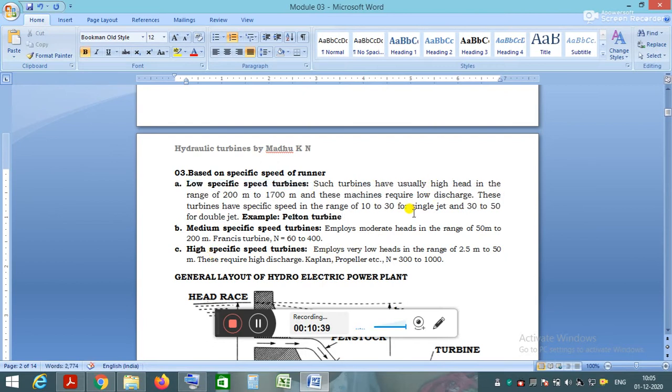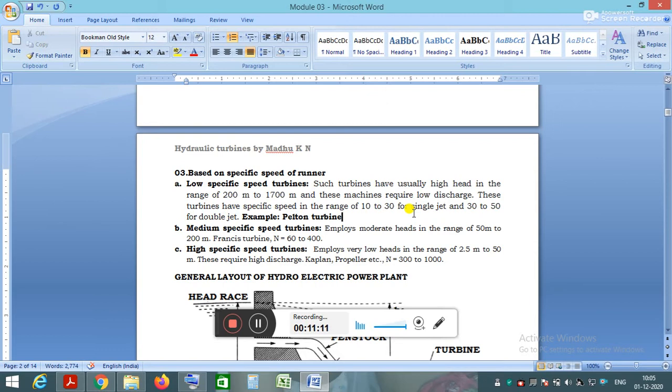Low specific speed turbines usually work under high head, in the range of 200 meters to 1700 meters, and they are also called high head turbines. Since they work under high head, the pressure available at the inlet of the turbine is more, and hence the machines require very low discharge.